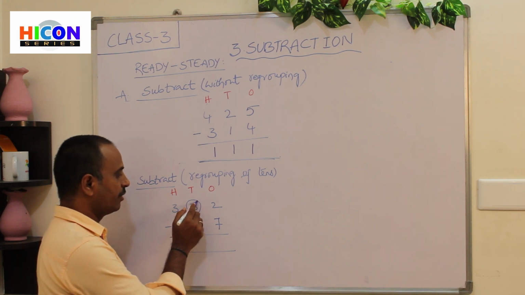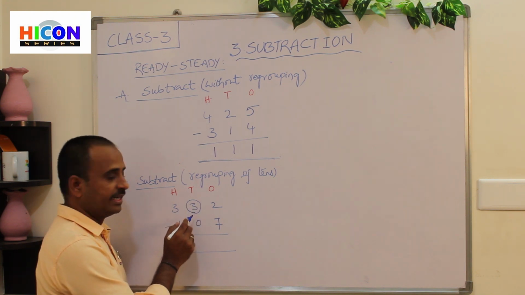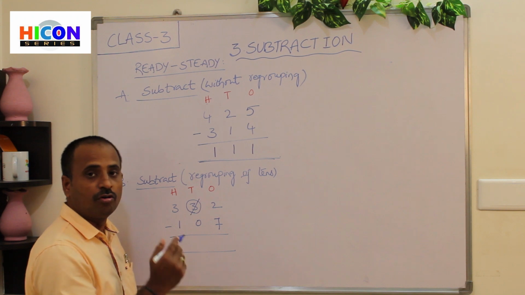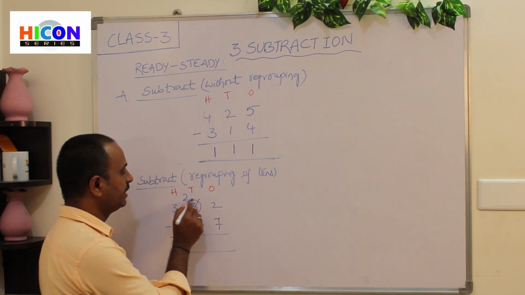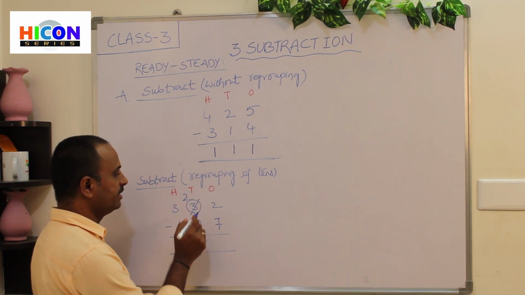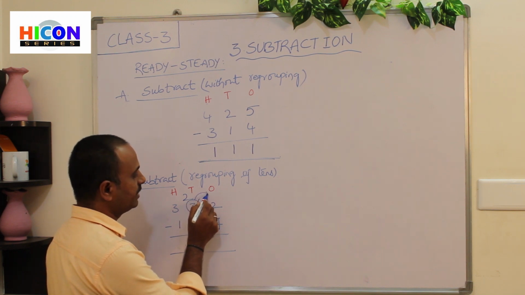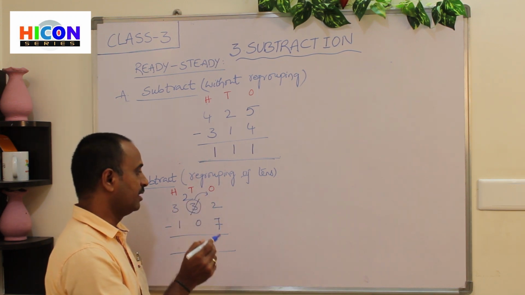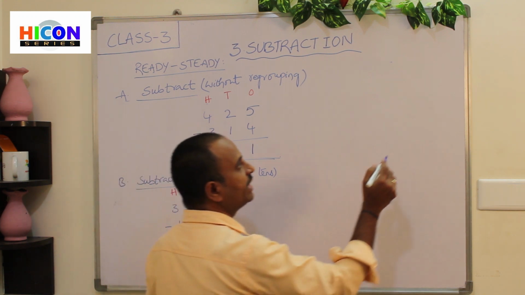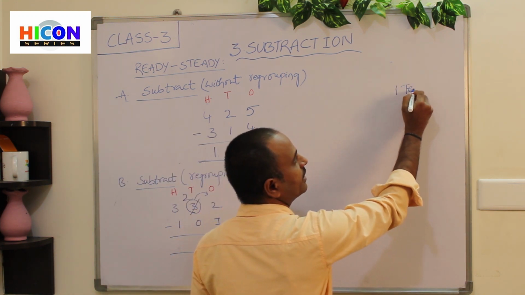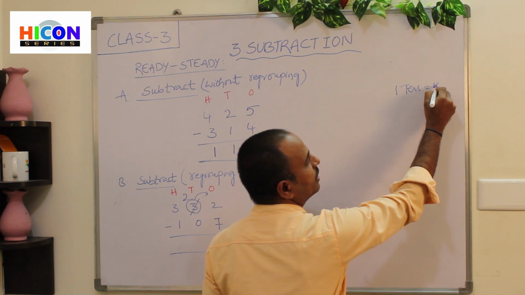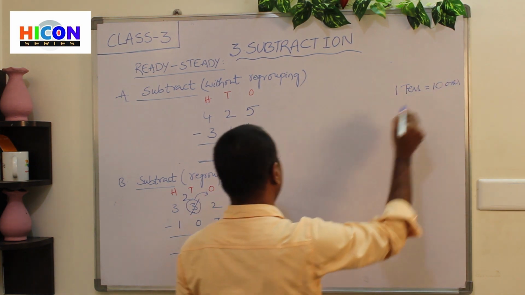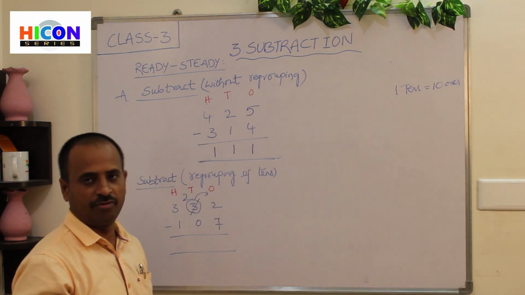If you borrow 1 ten from 3 tens, then how many tens will be there? 2 tens will be there. And carry this 1 ten to the ones place. If you carry 1 ten to the ones place, how many ones does that 1 ten become? 1 ten is equal to 10 ones.